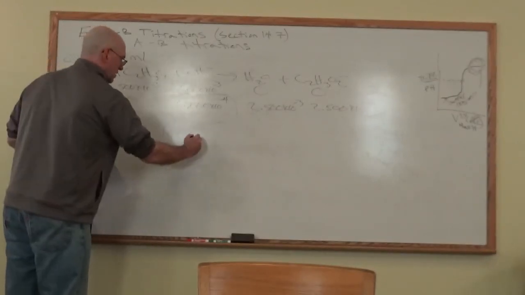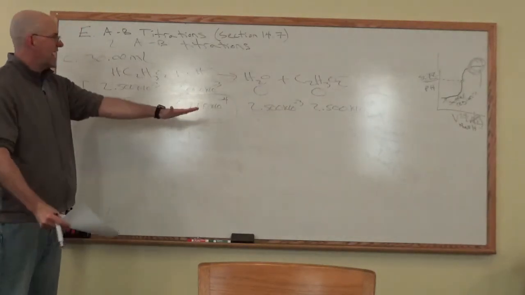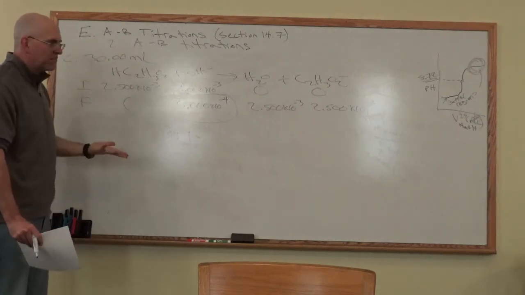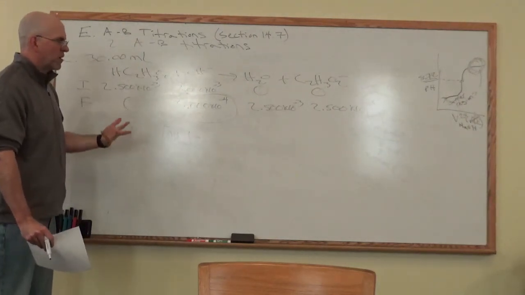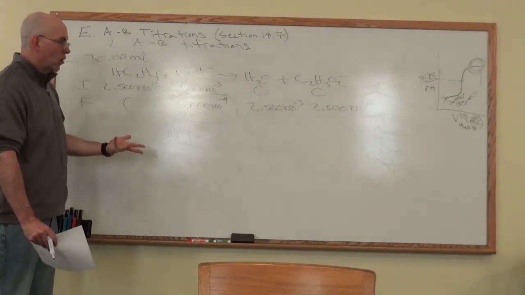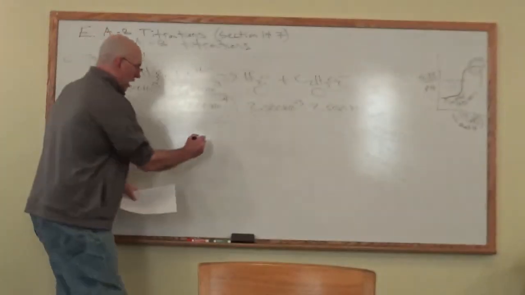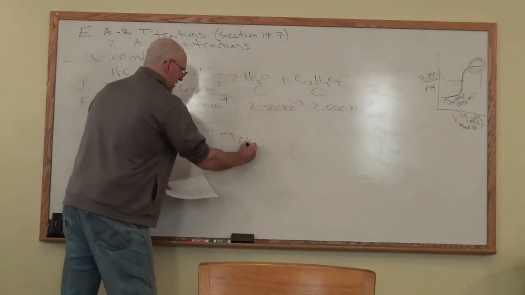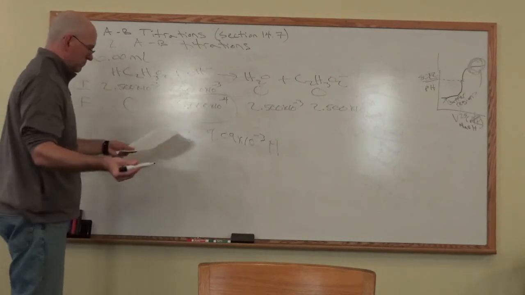So the molarity again, it's moles per liter. Keep a running tab of the total volume. 30 mils plus 25 mils is 55 mils, so 5.50 times 10 to the minus 2 liters. You can do that yourself. You should come up with a molarity of 9.09 times 10 to the minus third molar. Again, just moles divided by total volume.